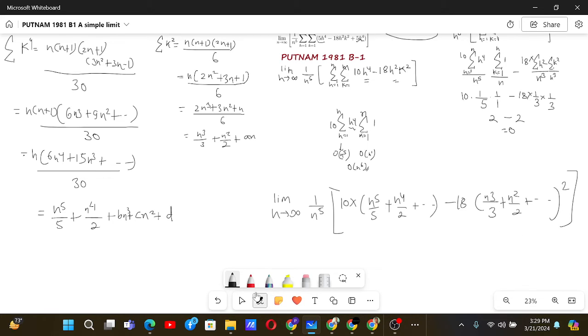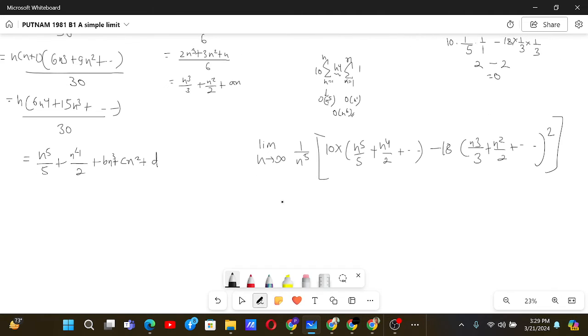Now we are near to the end of the problem. Limit n goes to infinity, 1 by n to the power 5, and this is now just 2n to the power 5 plus 5n to the power 4 plus some other terms, minus 18 times, so you first need to take a square.